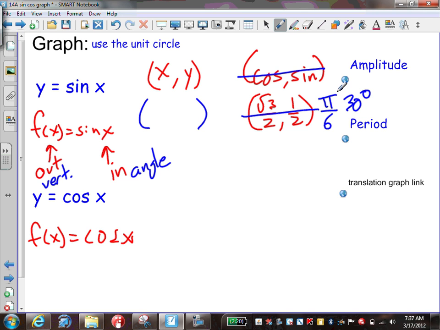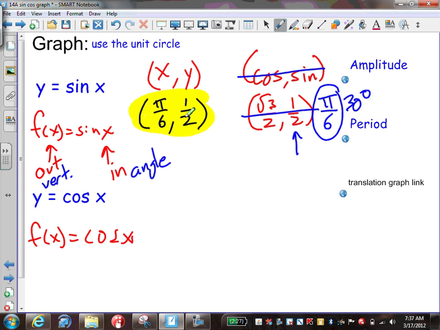Now, most of our graphs are going to be in radians, so we want to use that. So my input is pi over 6, and my output is the sine value at that angle. In this case, 1/2. So this is what we're shooting for: input, angle; output, vertical dimension, or sine value.